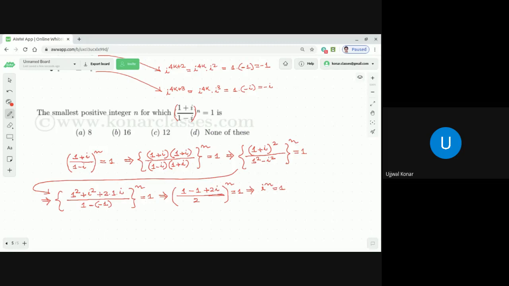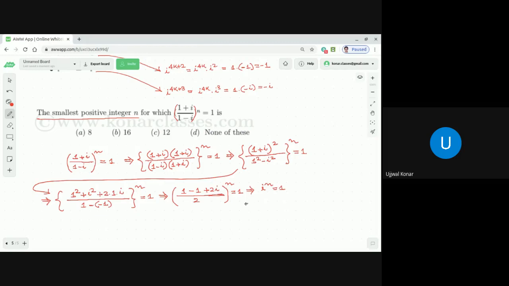But the point is not that. The point is that you need to find the value of n which is the least one. That's what is asked here: the smallest positive integer n for which this is equal to 1.